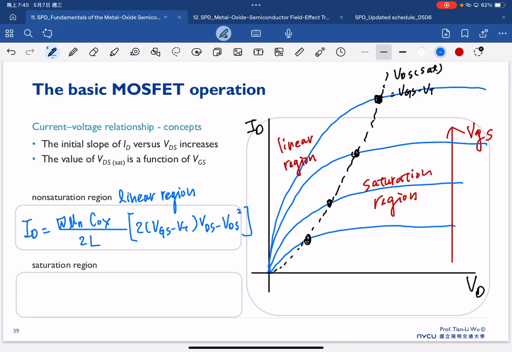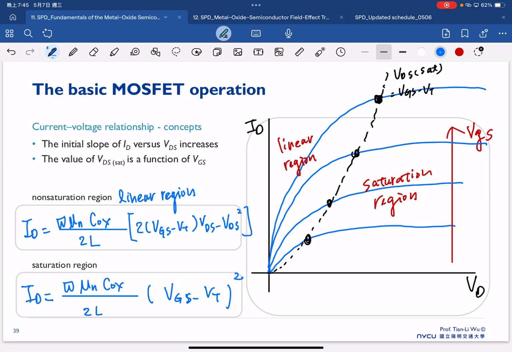And also in the case of the saturation region, we have the current equation. Drain current is equal to VGS minus VT squared, as shown here.